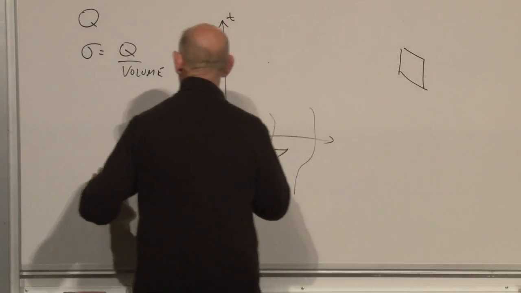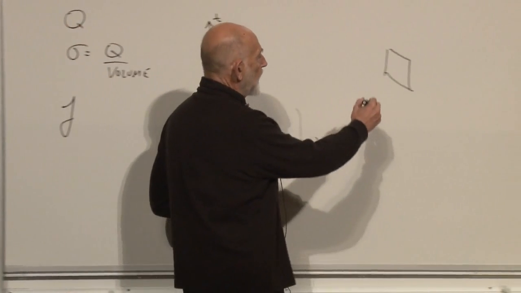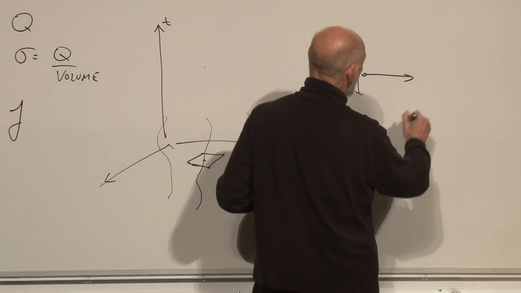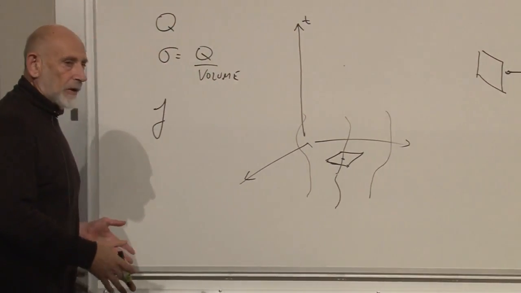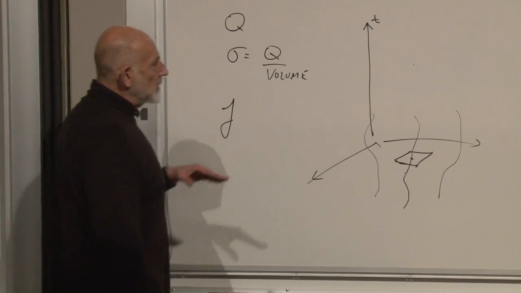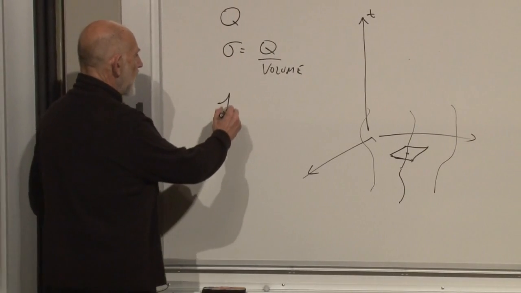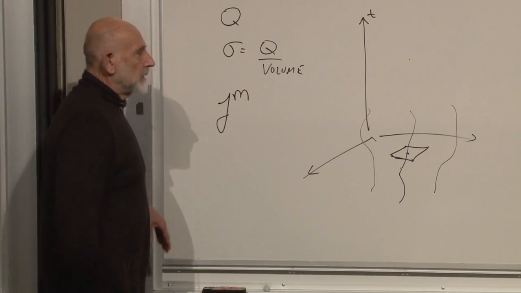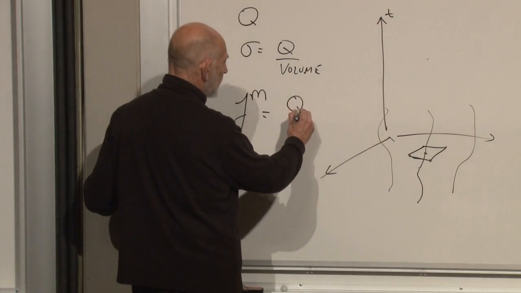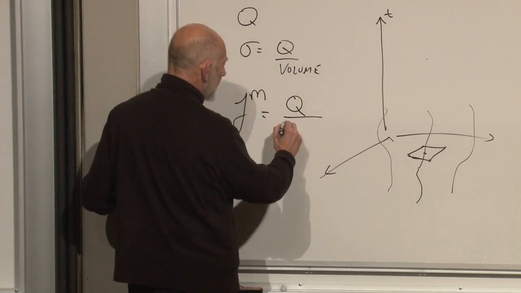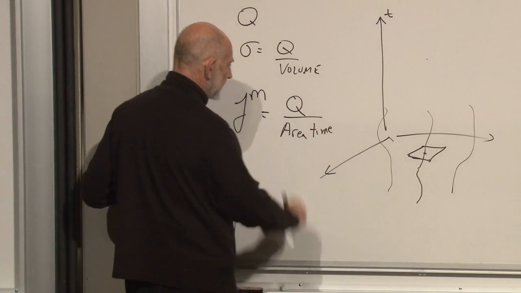Charge, J, and in particular, if the window is oriented along the x_m axis, x1, x2, x3, or x, y, and z, then J_m is a vector which is equal to the charge through that window per unit area per unit time.